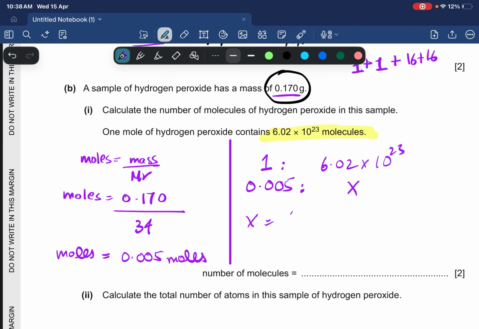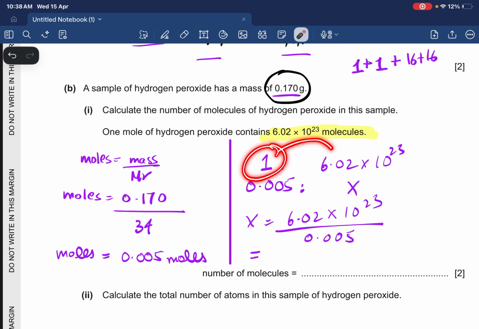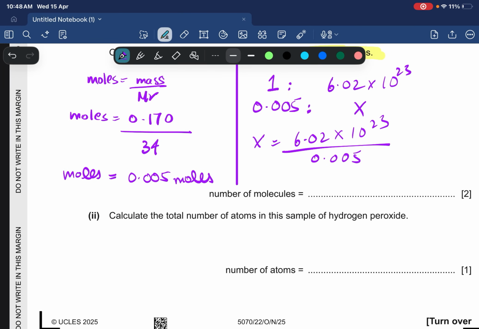X equals 6.02 times 10 to the power 23 multiplied by 0.005. Okay, so we used the ratio method. If 1 mole contains this much, these many moles will contain this much. So over here, we're going to have 3.01 times 10 to the power 21 molecules.